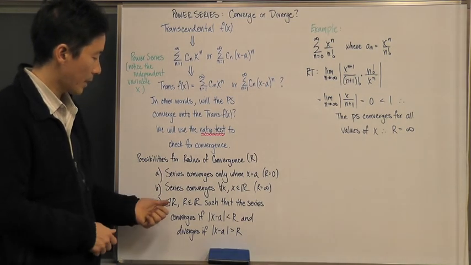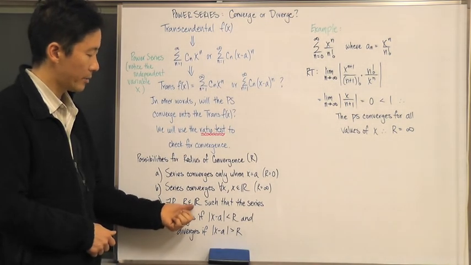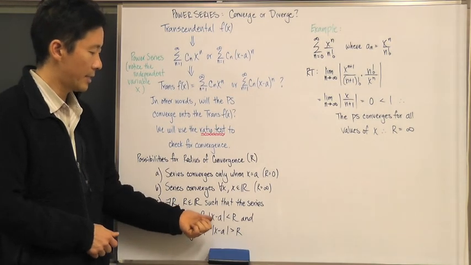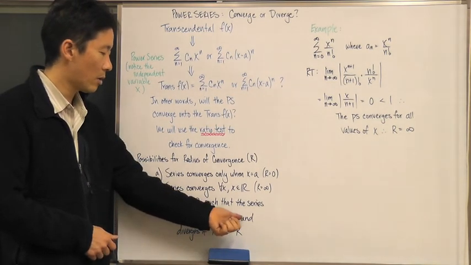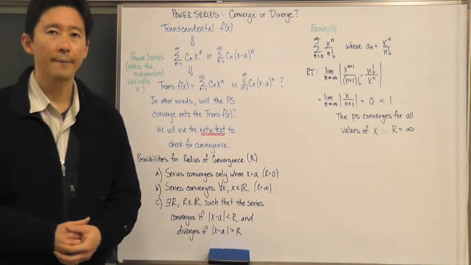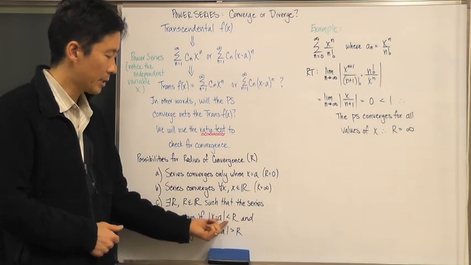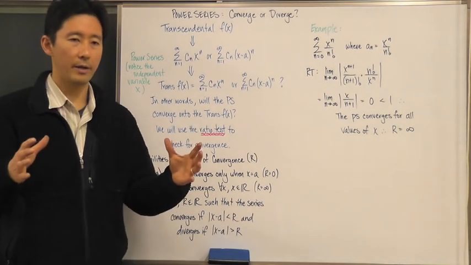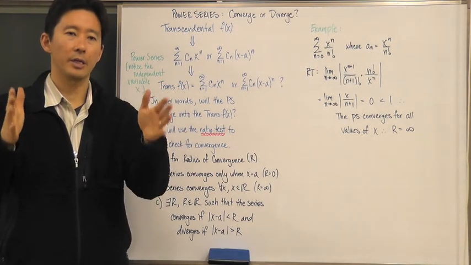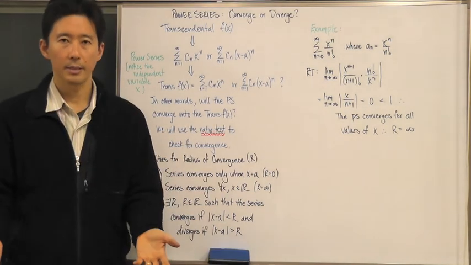Then we say that there exists a real number R such that the series converges if the absolute value of x minus a is less than R, and it diverges if the absolute value of x minus a is greater than R. Notice that we're talking about a particular interval, and within that interval, the power series and the transcendental function give you exactly the same values. Anywhere beyond that, they don't. It's going to diverge.